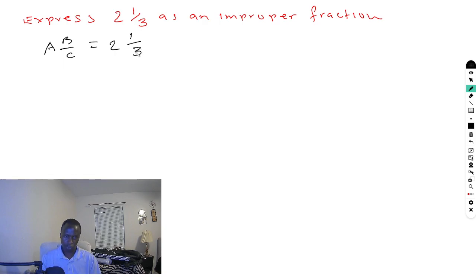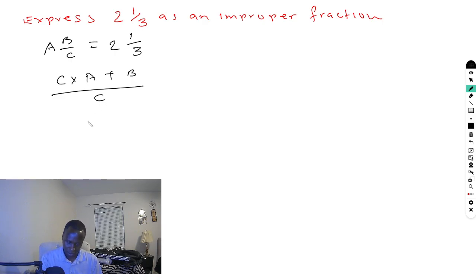For you to express this one into an improper fraction, you do like this: c multiplied by a, plus b, over c.